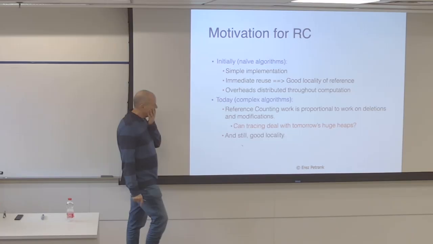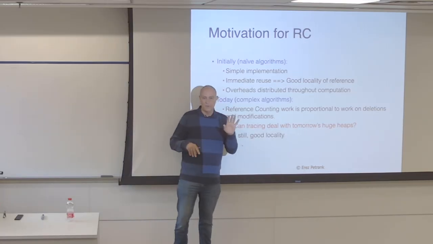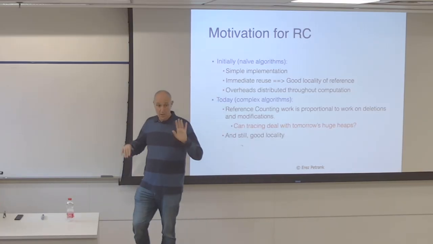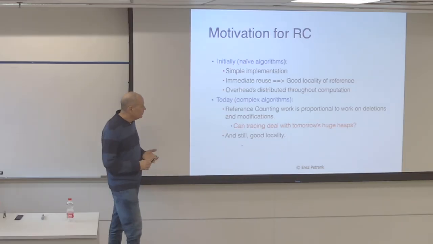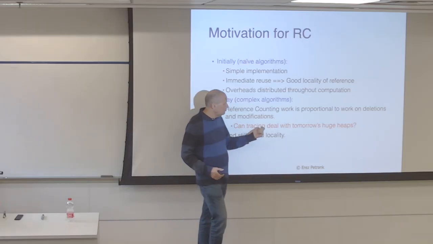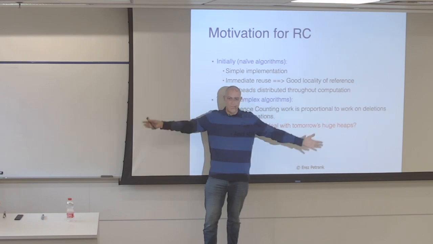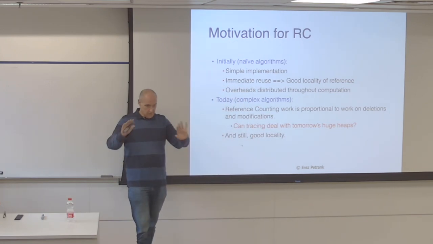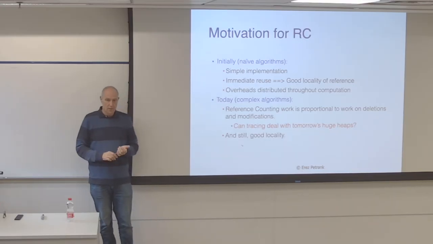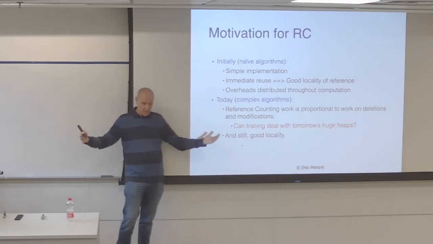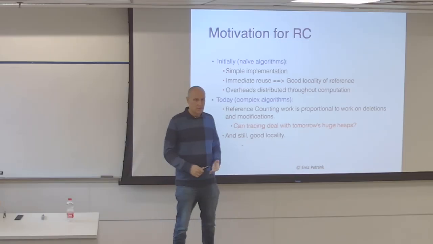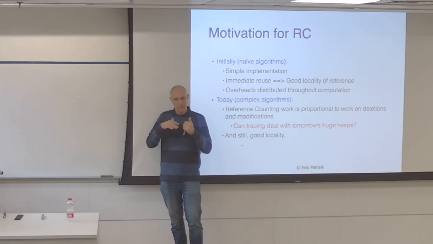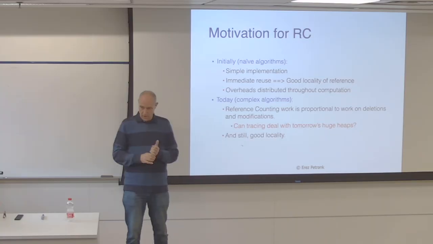If you compare reference counting to mark sweep, what happens with mark sweep is that it goes through the entire space that you're using to mark all the reachable objects. So if you're using a substantial structure, it will cost a lot for each garbage collection.